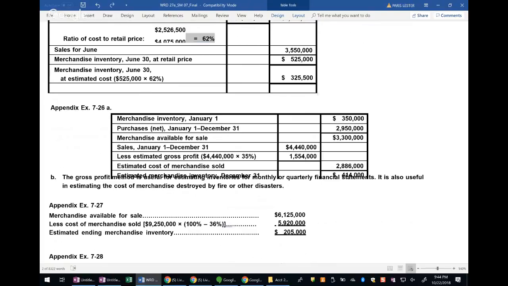Where are you at, Alexander, on Cengage? Chapter 7? Made 100? Anybody else got it finished? Just Alexander? Where are you at, Ryan? 99.7, you're finished. All right, you've got to get those last two pieces. Get the last fraction, 2 points or whatever.